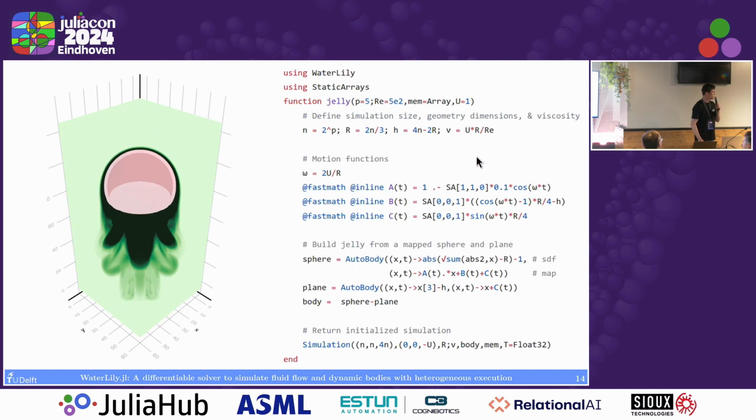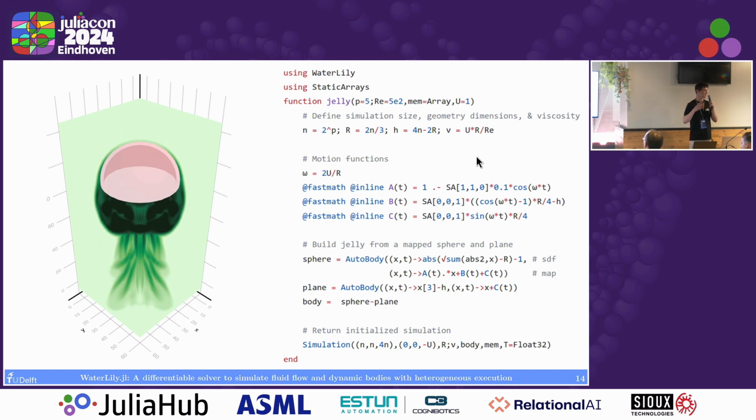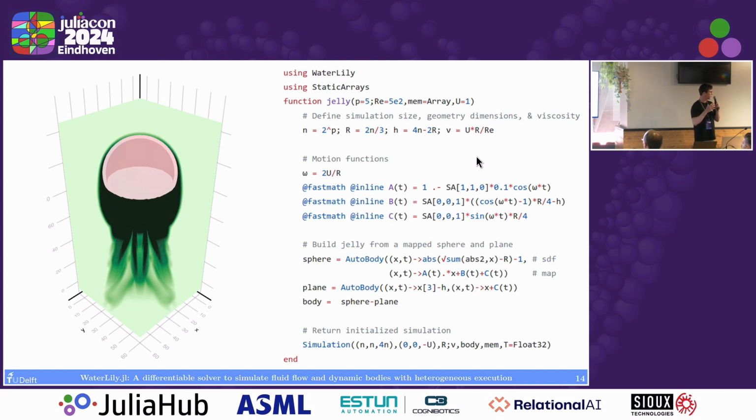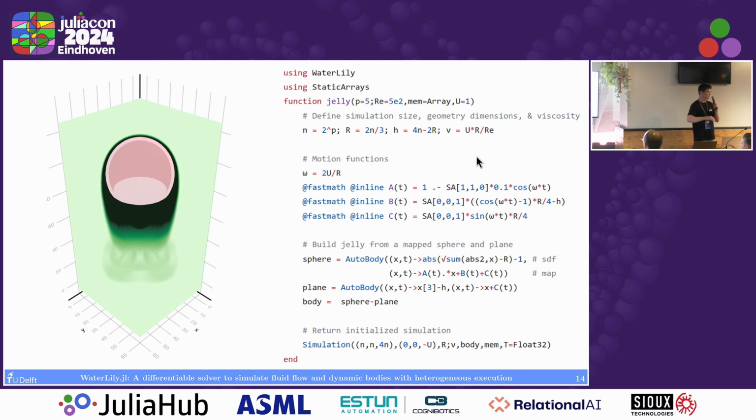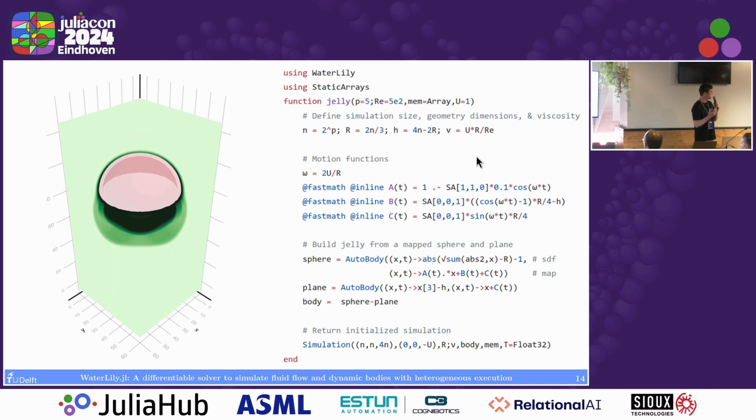And okay, we can do moving objects as promised. This is like an arbitrary jellyfish, I call it. So it's just a hollow sphere that intersects a plane that moves in a sinusoidal form and just shrinks and expands. To set up the simulation, it's just these very few lines of code.